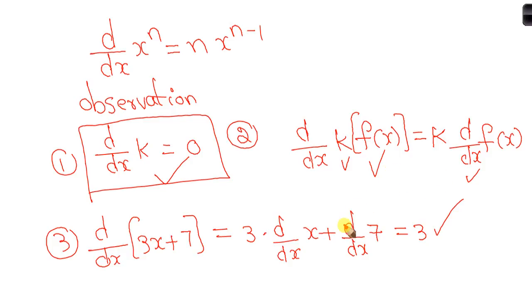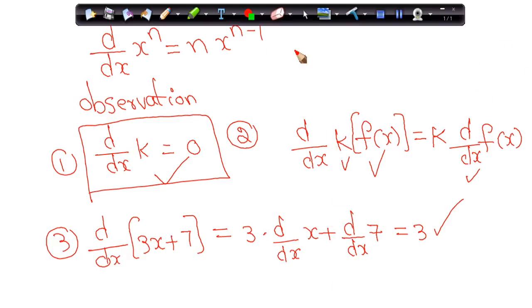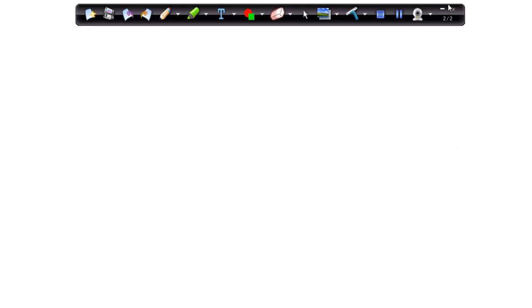Let me solve an example so that we are clear with the power rule, then I'll start explaining how to find the differentiation of the trigonometric functions. For example, take a function f of x, which is 5 times x power 100 minus 7 times x power 30 plus 117x.